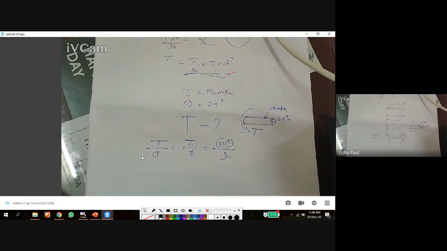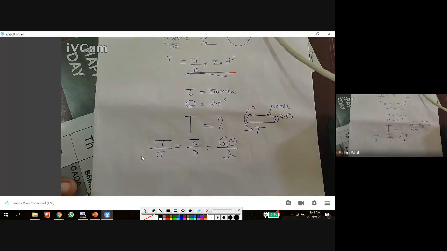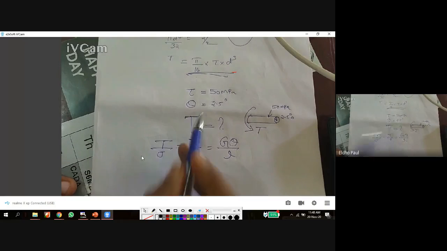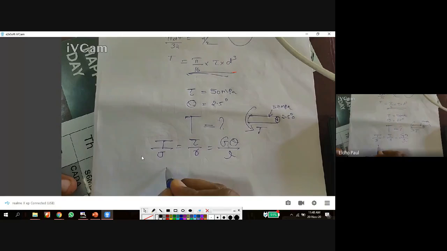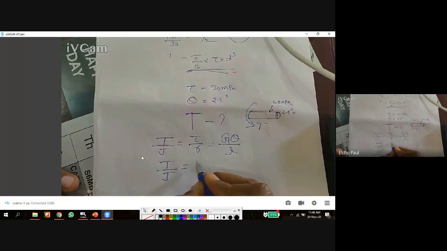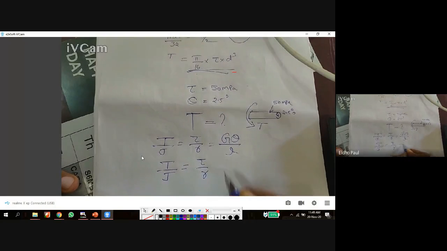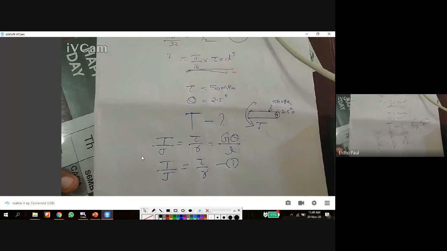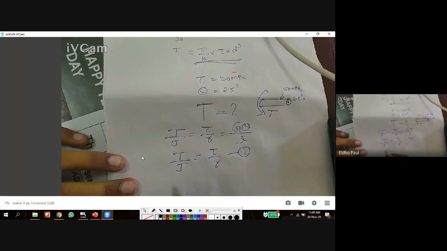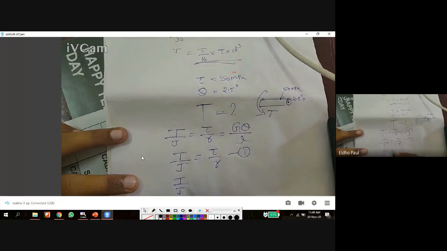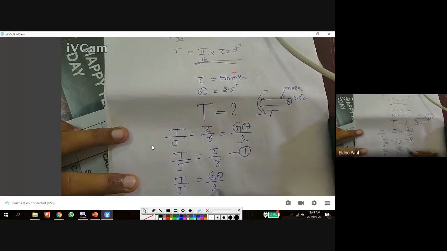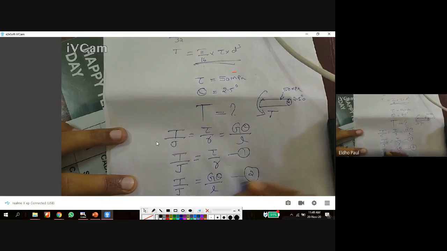For this, we have to calculate the T value. For calculating the T, we have two equations. T by J is equal to tau by R is the first equation. Another equation, T by J is equal to G theta by L. We have two equations for calculating this T value.